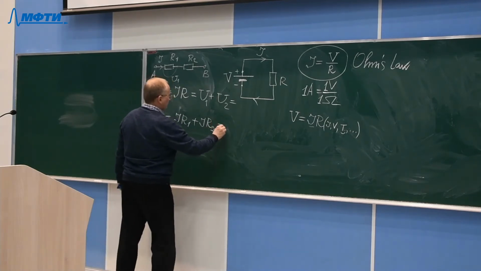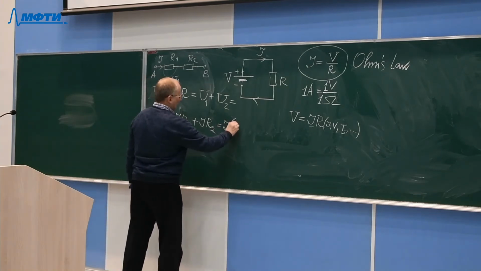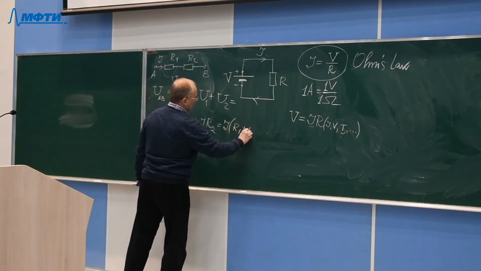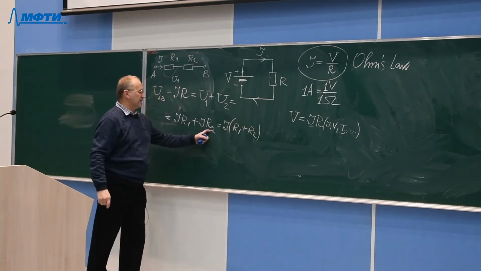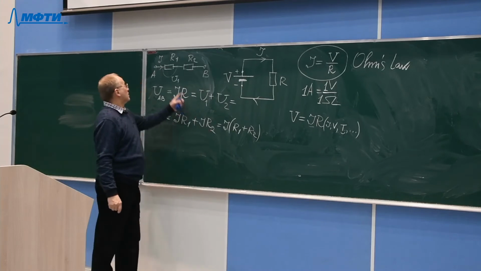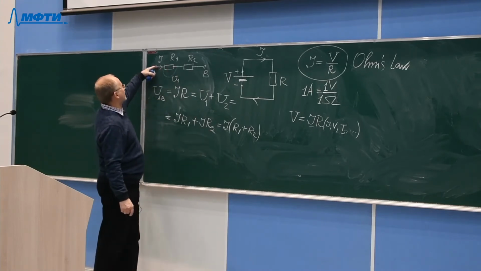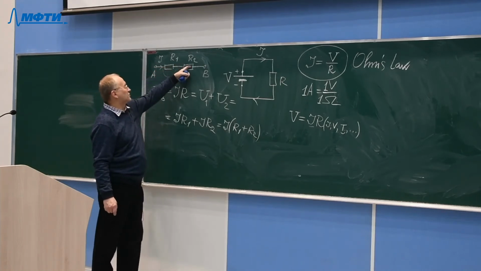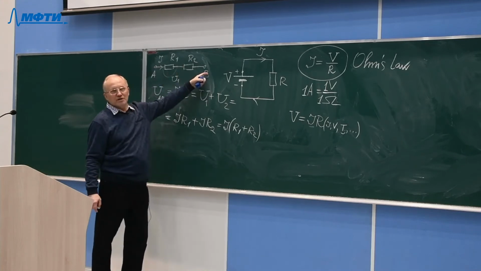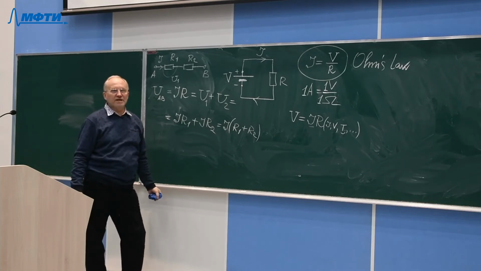So the electric current is the same, times R1 plus R2. Why is the electric current the same in the first resistor and in the second resistor? Why is it impossible that the current through the first resistor is 1 ampere and the current through the second resistor is 2 amperes in this circuit? It's impossible because there is a law of conservation of electric charge.